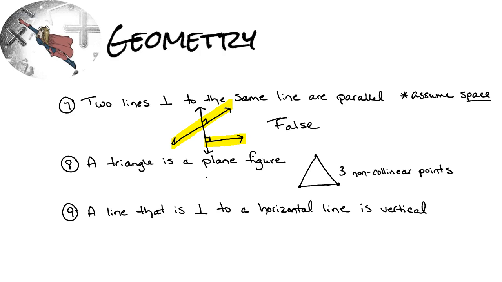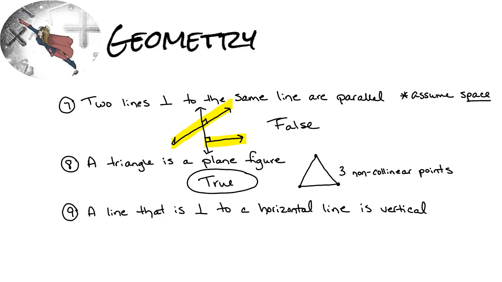So that's why this would be true, because 3 non-collinear points determine a plane. And a triangle is a flat surface as well, because you cannot have a curved surface if you're calling something a plane. So that is the other important thing, not just the 3 non-collinear points portion of it.